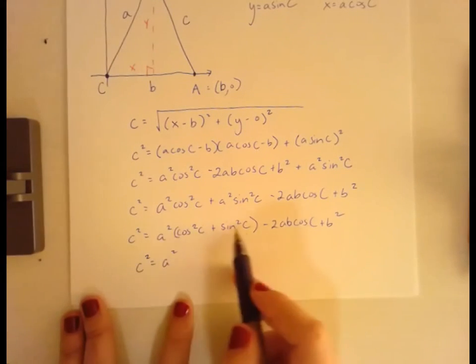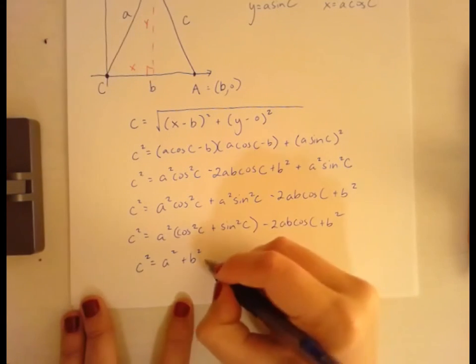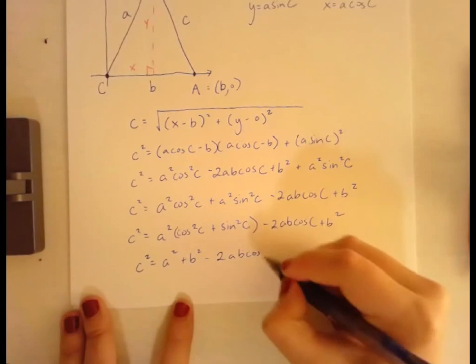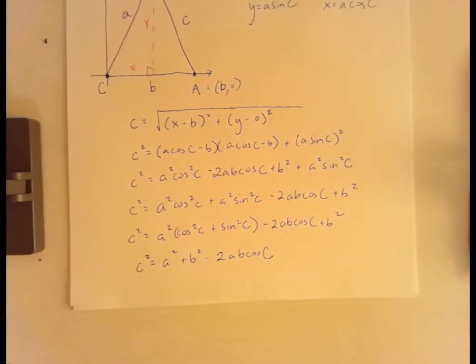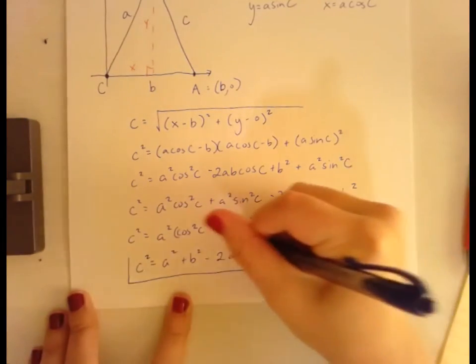A squared by itself, because that becomes 1, plus B squared minus 2AB cosine C. And that is the last part of the proof for law of cosines.